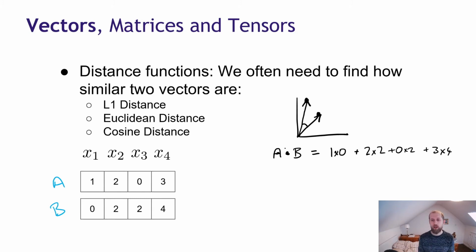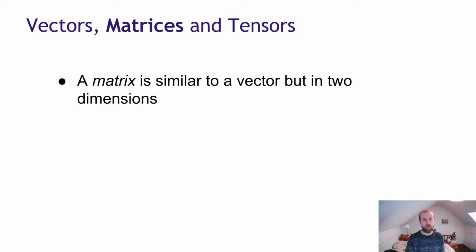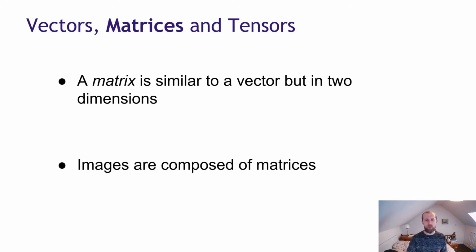So this is going to be really important, particularly when we look at convolutional neural networks. So now a matrix is very, very similar to a vector, but instead of just having this one-dimensional form, we're going to have something more like a box. And we see that images are composed of matrices.